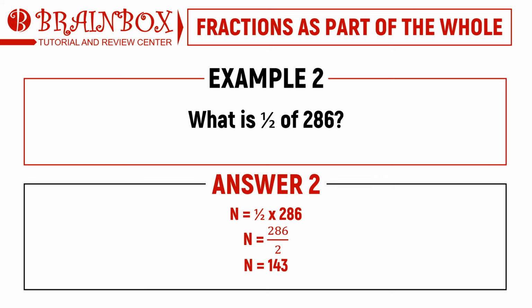Lastly, of is translated into multiplication. With this, the mathematical equation we got is n equals 1/2 times 286. After translating it to mathematical equations, we will now solve for the unknown. Solving for n, we get n equals 143.